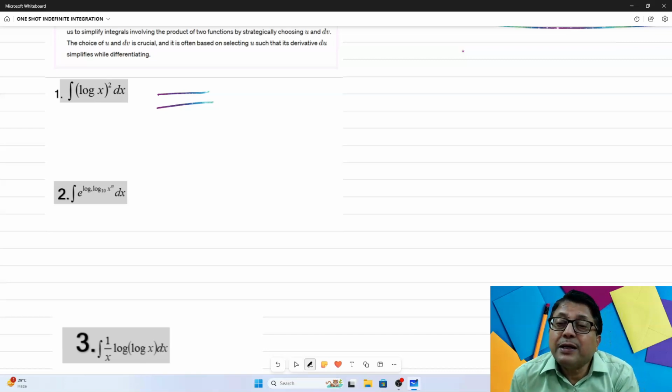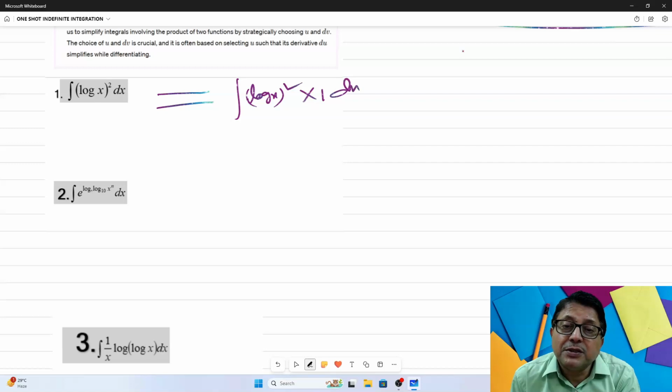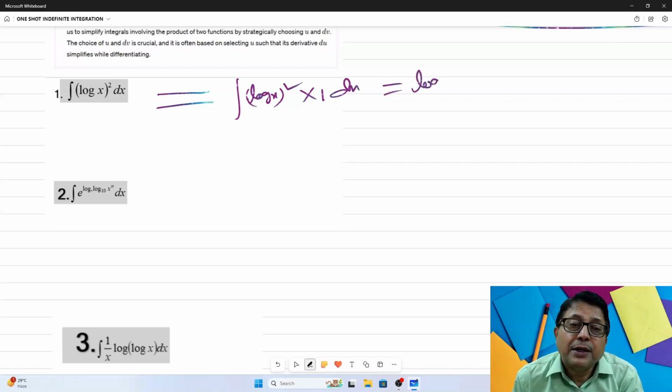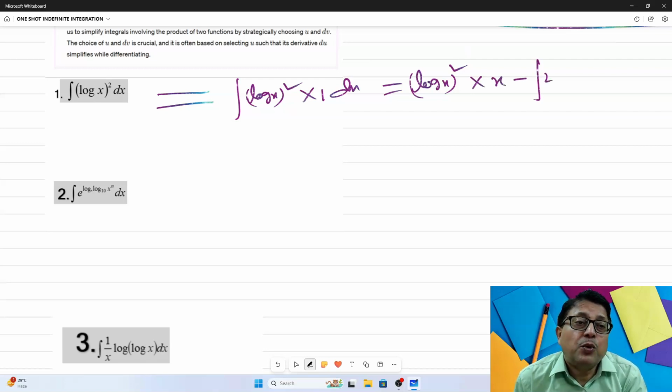So you take log x whole square as the first function, 1 as the second function. Then you write log x whole square into integration of dx is x, minus derivative of log x whole square, 2 log x into 1 by x, into x dx.